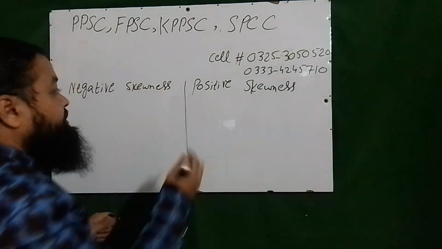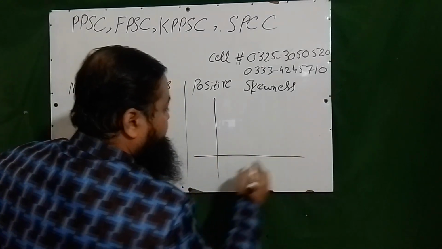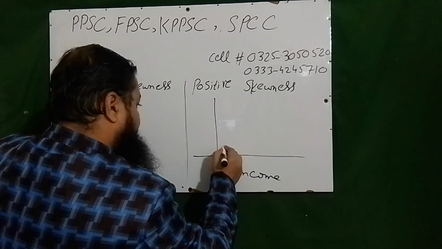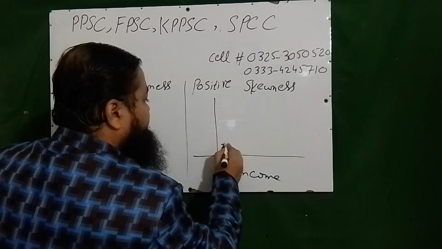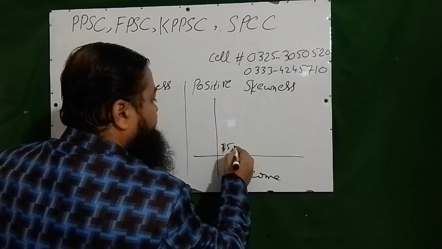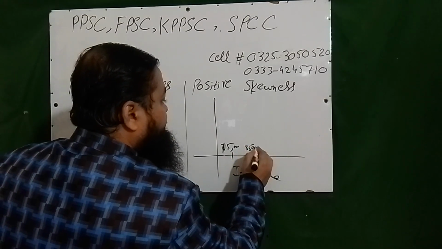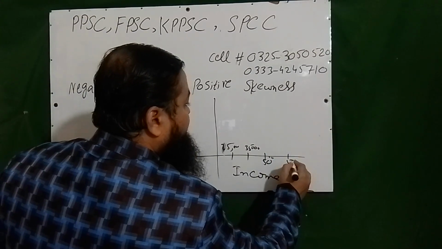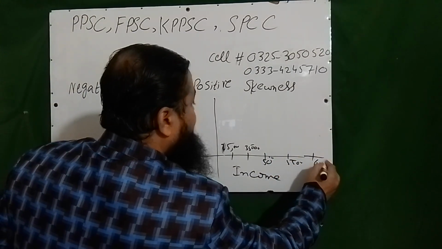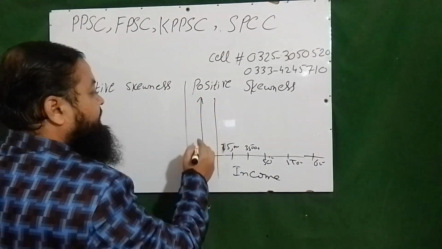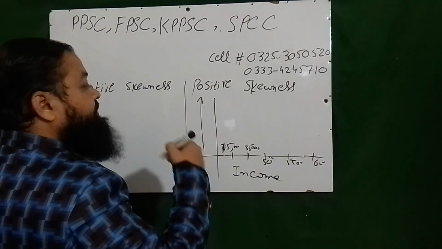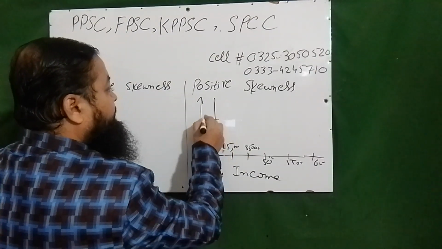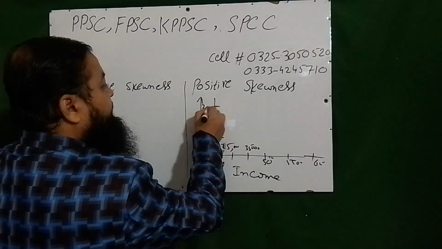I will give you the graph of this. For example, you have income on the x-axis: 25,000, 35,000, 50,000, 55,000, 60,000, and here are the number of people, number of workers, number of employees: 50 people, 100, 150, 300.